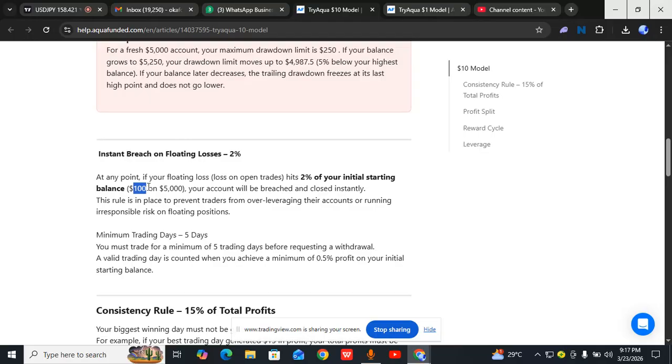Now, if you take the same trade on a 1K account, you can't, no matter how good the setup is, because if you place the same stop loss in the same place you are placing the one you took on this 5K account, once your drawdown gets to $20, you lose the 1K account.